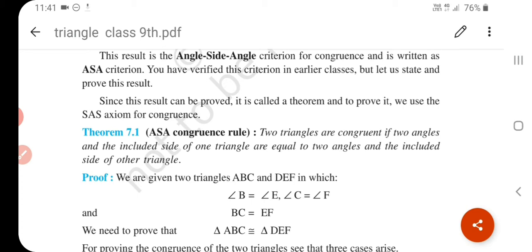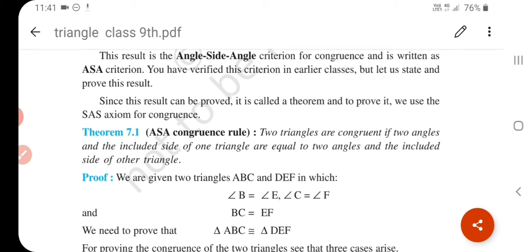And if we talk about angle side angle, then the AAS angle angle side congruence rule also holds, since the sum of three angles of a triangle is 180. We know that because the angle sum property of a triangle is always 180 degrees. Okay, if two pairs of angles are equal, then the third pair is also equal.